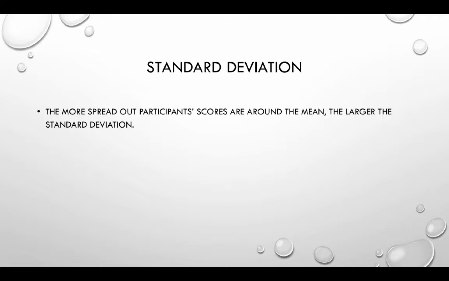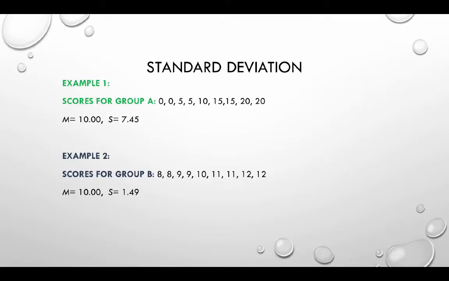Let's look at some examples, see if that helps. For the first example, scores for group A: 0, 0, 5, 5, 10, 15, 15, 20, 20. The mean score for this is 10. The standard deviation is 7.45.